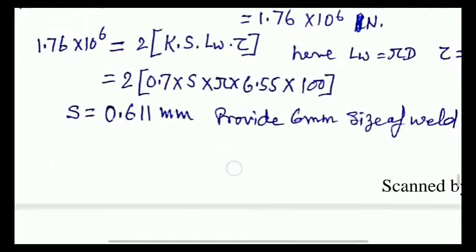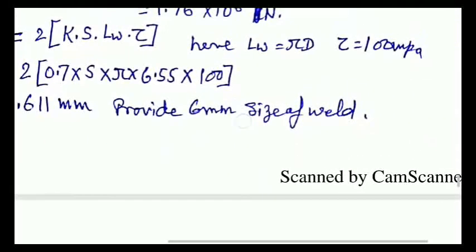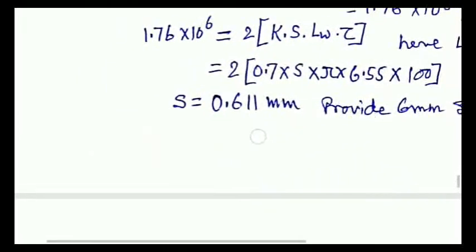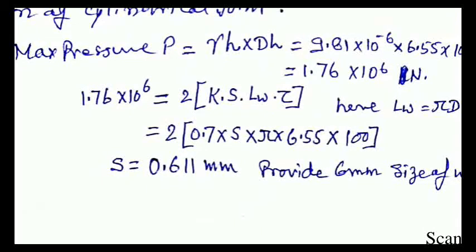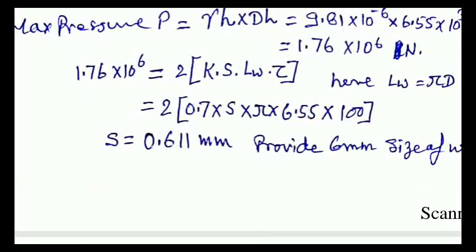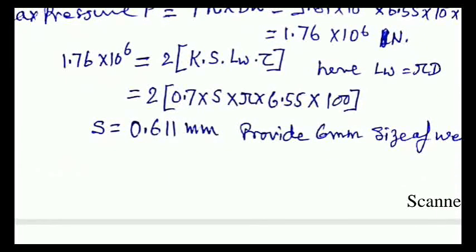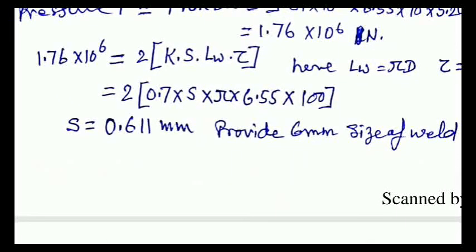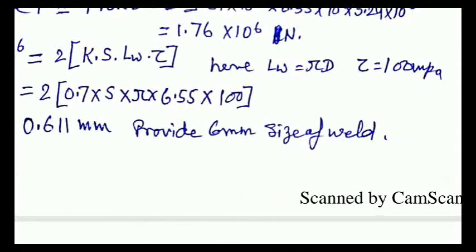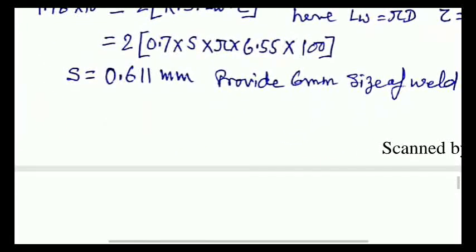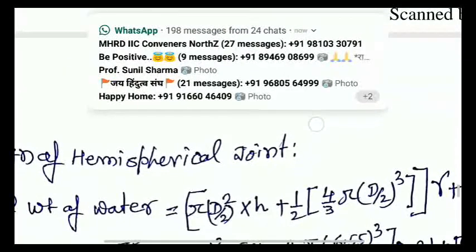This tau, you have to keep as 100 MPa because it is shear stress. So size of weld comes out to be 0.611 mm. Now provide 6 mm size of weld because we have thickness of plate equal to 6 mm.